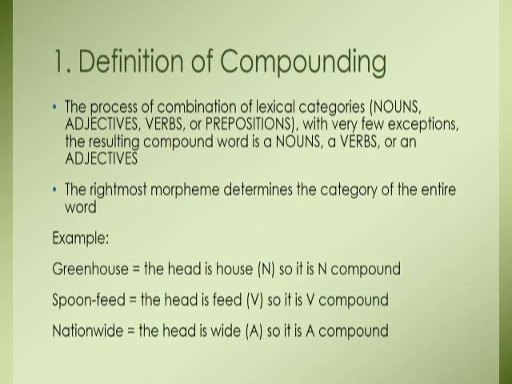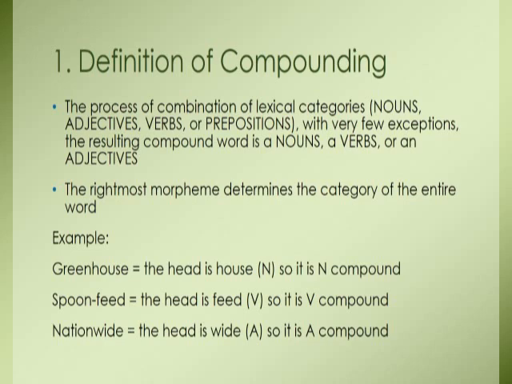Compounding is the process of combination of lexical category. So it is about nouns, adjectives, verbs, and prepositions. There are some few exceptions, yeah. And the result, the compound word that is constructed from the process of compounding, is nouns, verbs, and adjectives, yeah.